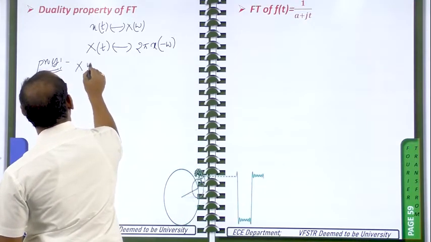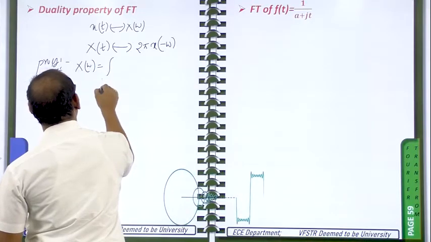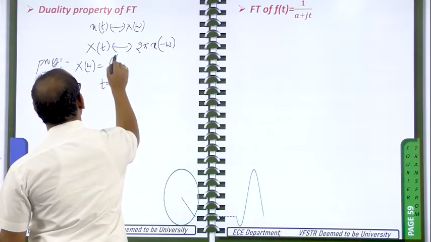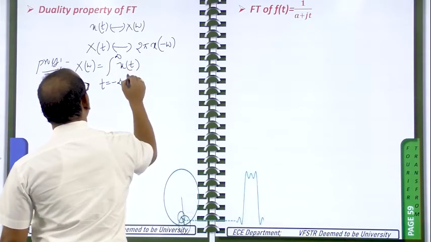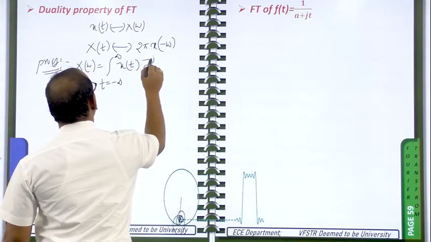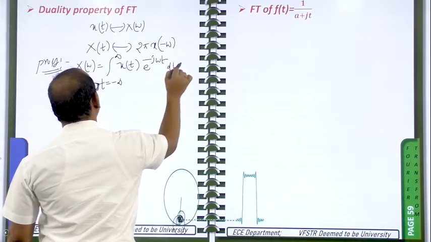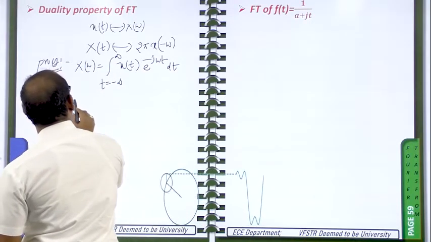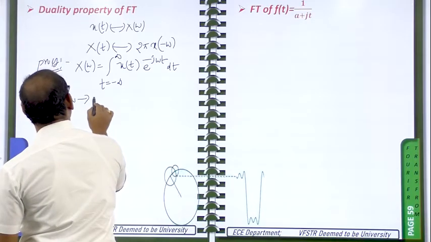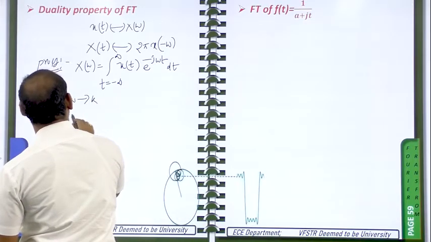X of omega is nothing but the integral, t from minus infinity to plus infinity, x of t e power minus j omega t dt. Okay, now replace omega with some other variable like k.